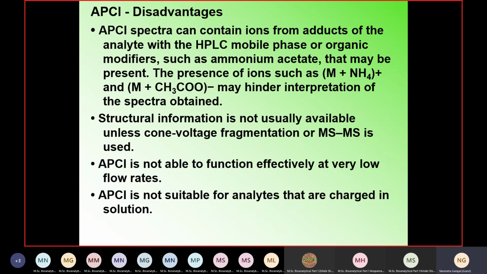I can't have very small flow rates. If I go for a 25 microliter flow rate, then my solvent itself is a very small quantity. Since the ions are formed because of the solvent used as the mobile phase, the formation of ions will also be less, because ionization efficiency will be small. That is why at very low flow rates APCI will not function very effectively.